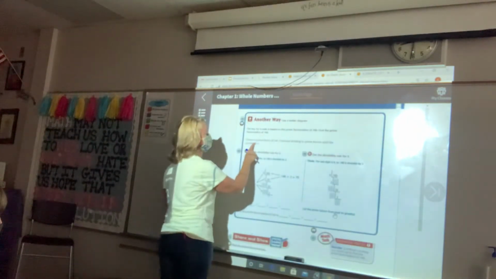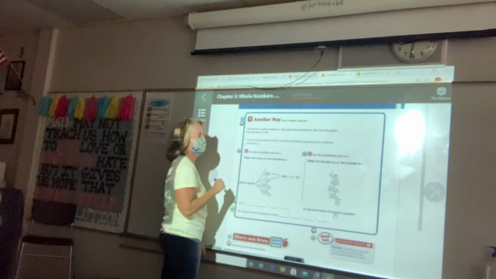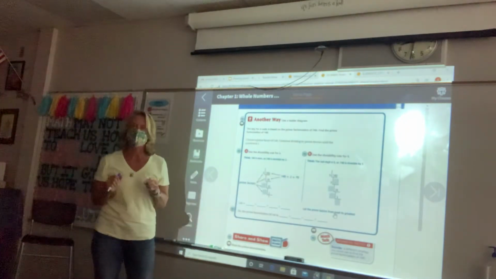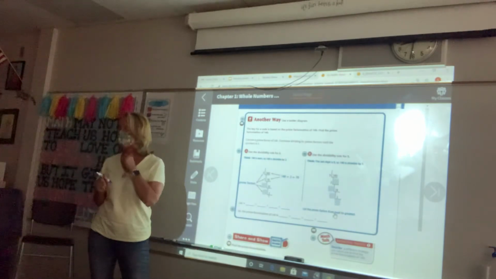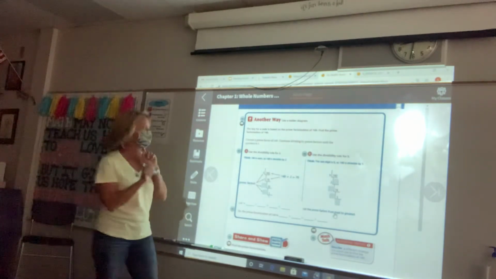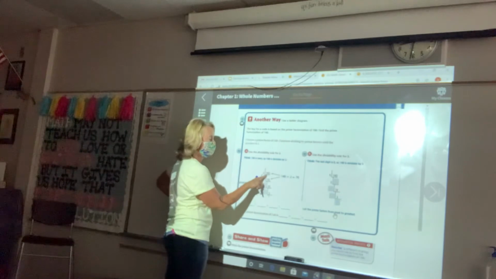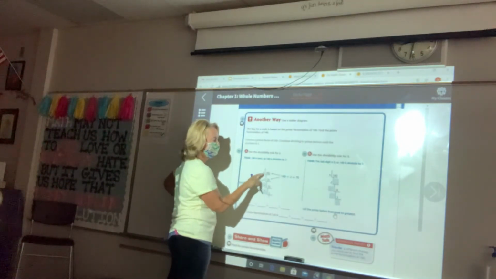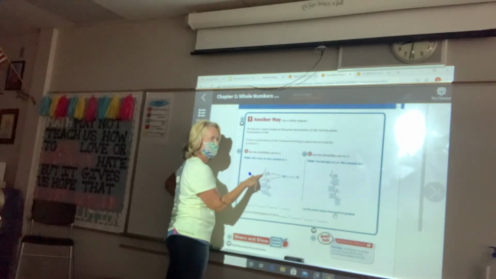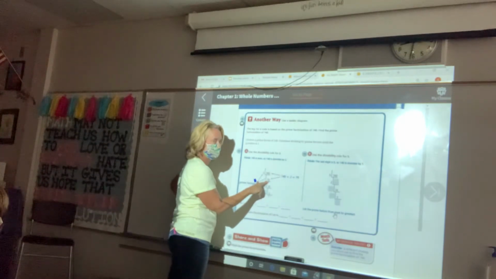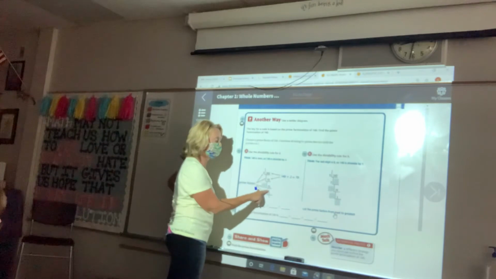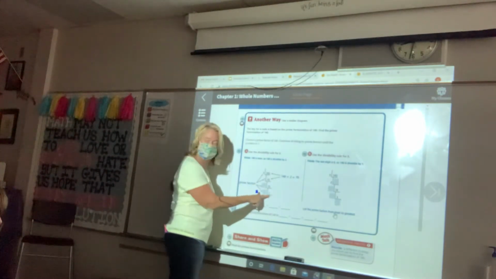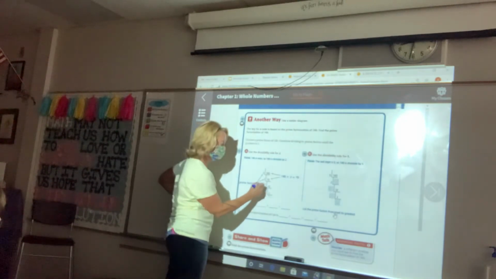So we're going to choose a prime factor of 140, and we're going to continue dividing by prime factors only until the quotient is 1. So we're going to start here, 140. Divided by 2 is 70. 70 divided by 7, because that's a prime factor, is 10. 10 divided by what will give me 2? 5.